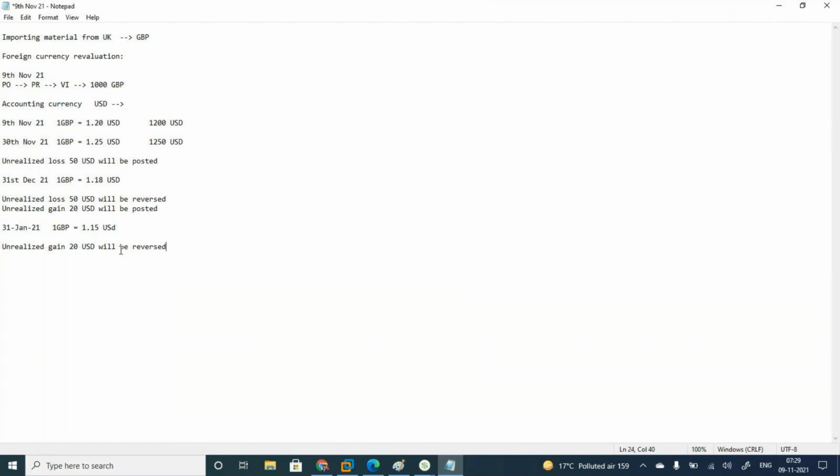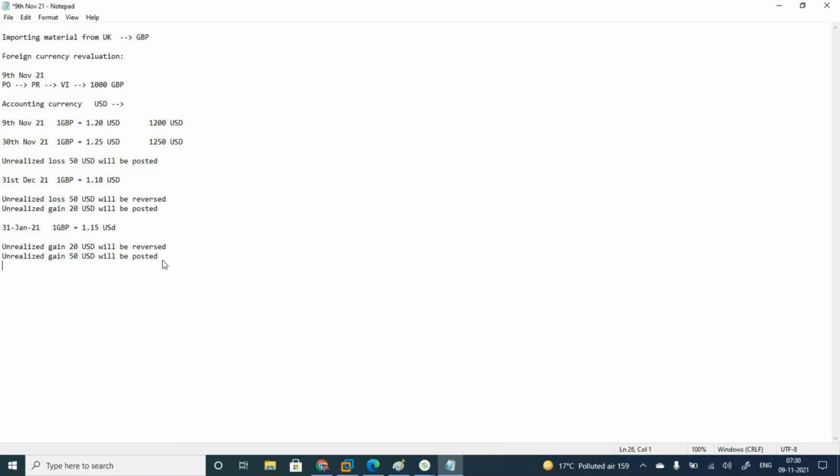Now the comparison between this versus the original invoice is 0.05. Once again it will be posted, now as an unrealized gain, because I am going to pay only 1150. So it is an unrealized gain.